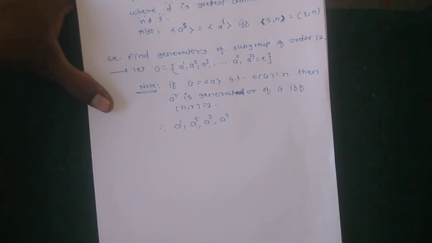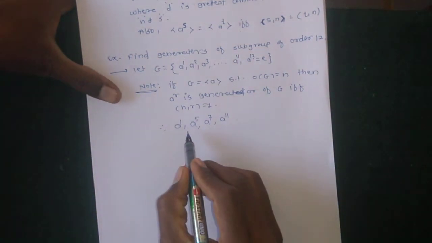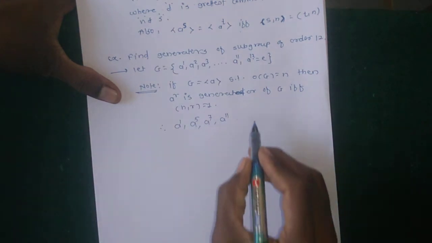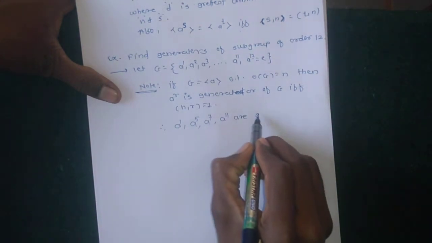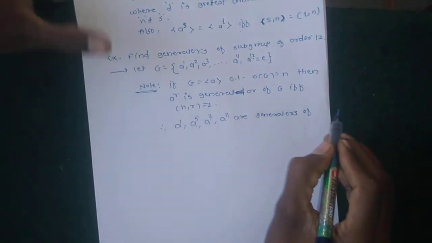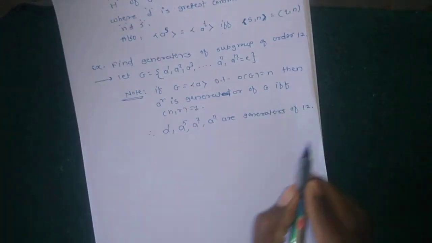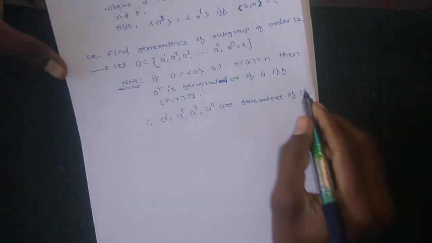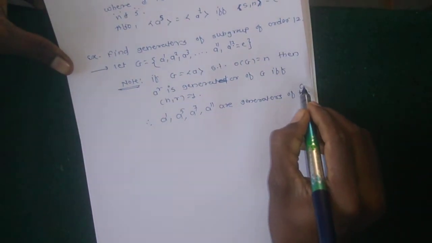This is the difference between finding generators and finding subgroups. So a^1, a^5, a^7 are generators of G.